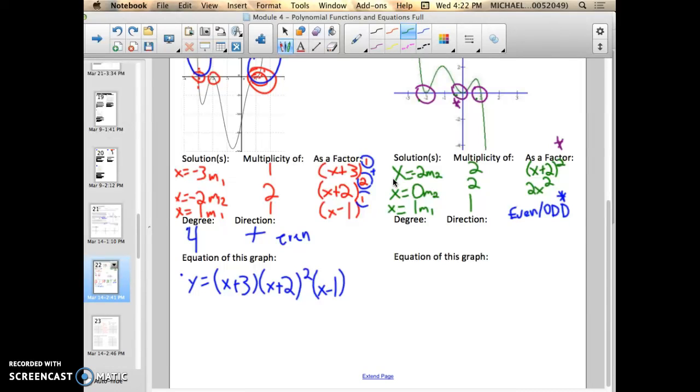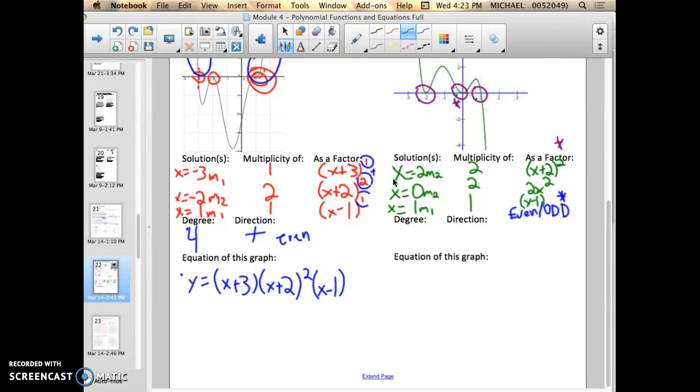But if you remember, it has to be just an x or a number being multiplied with it, because the only number I can put into this x to make this factor 0 is 0, because 2 times 0 is 0, or anything times 0 is 0. And 0 raised to anything is also 0. And then finally one more, x minus 1 to the power of 1. So I'm done with that.